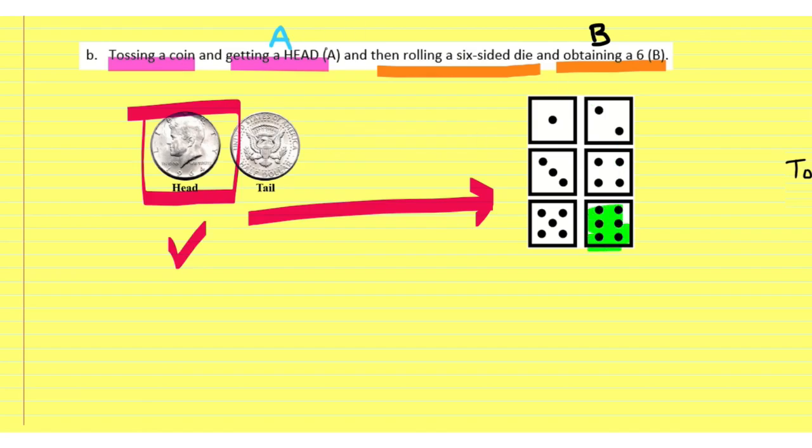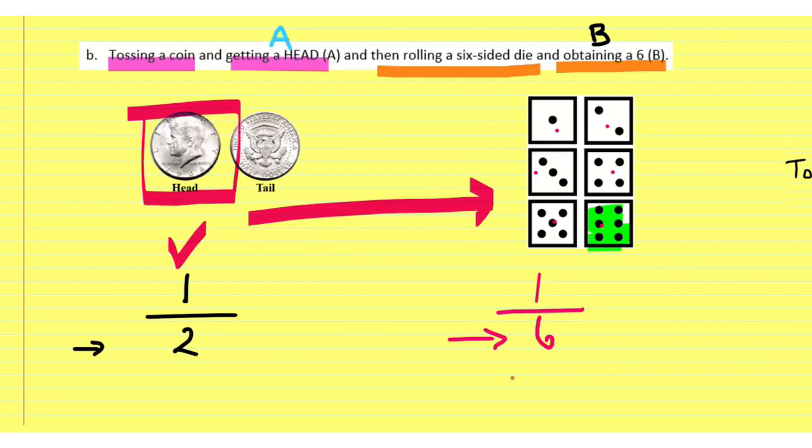So how many choices did I have for tossing the coin? I had 2 choices, right? So I got a head. I had one head, and I had options of 2 choices. I either could get a head or a tail. So that total number is 2. Over here, when I roll the die, I get a 6. Well, there's one 6 on the six-sided die, and I had a total of 6 choices.